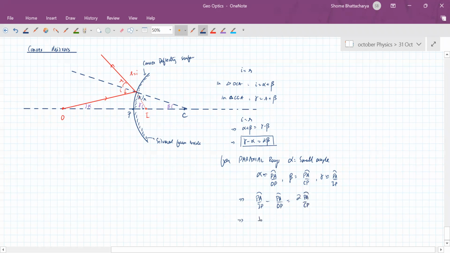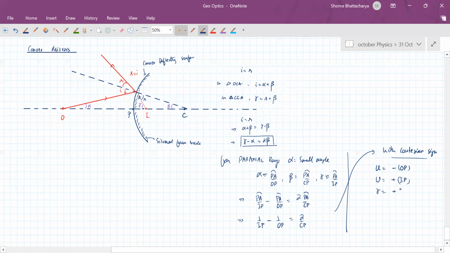So we have the relation. You can see in terms of distances, it's a different relation. But when we incorporate Cartesian sign convention, it's the same formula.